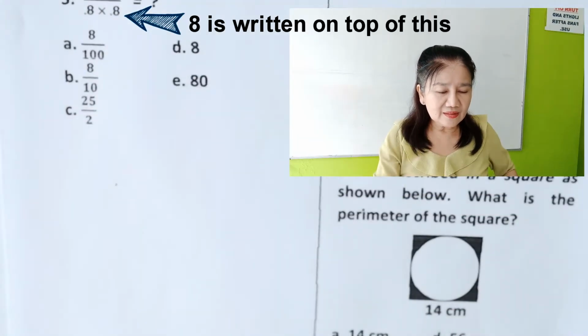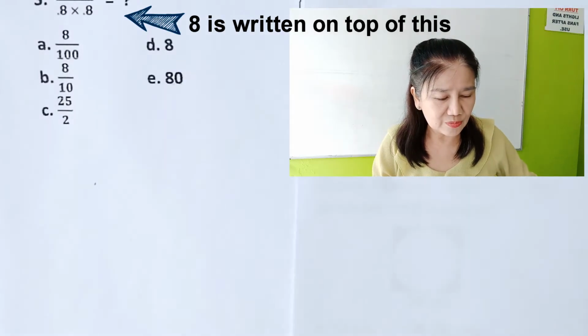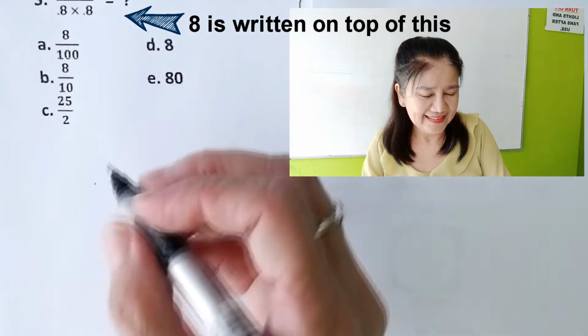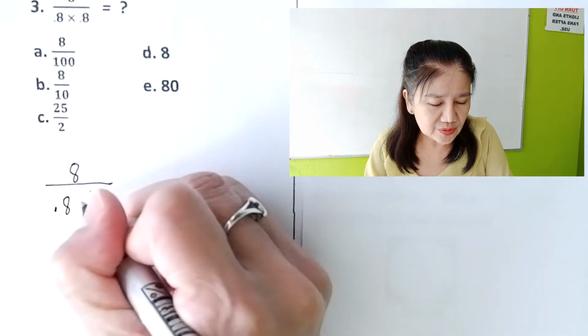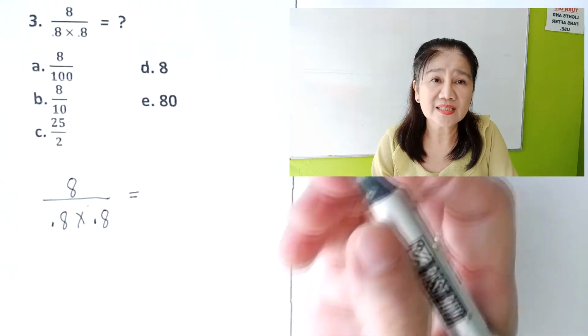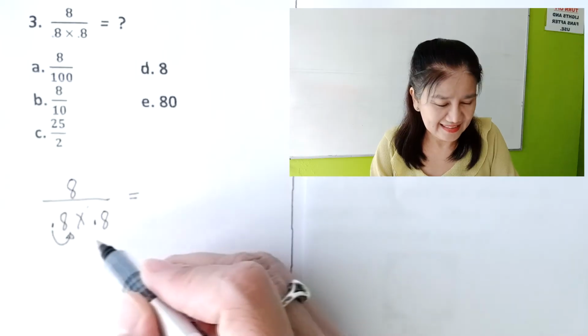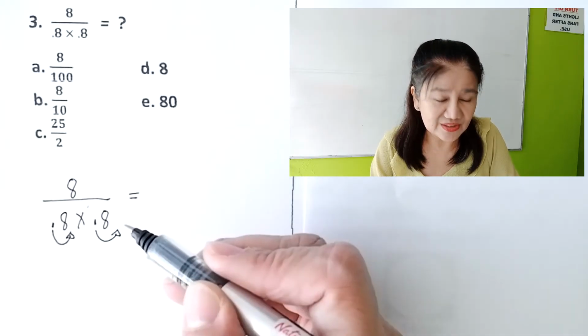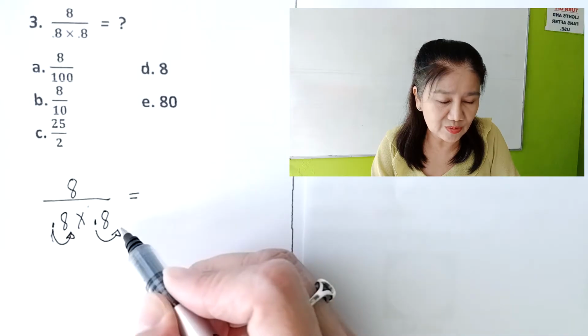Next is problem number 3. 8 all over 0.8 times 0.8 is equal to what? The fastest way here is for you to move the decimal points. So make this 8 and make this also 8, meaning you move the decimal point 1, 2 times.